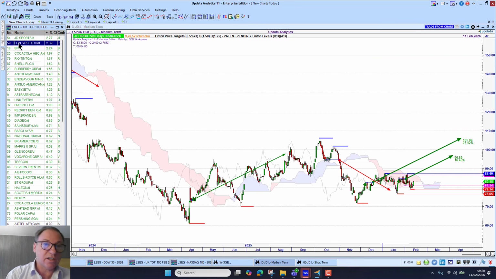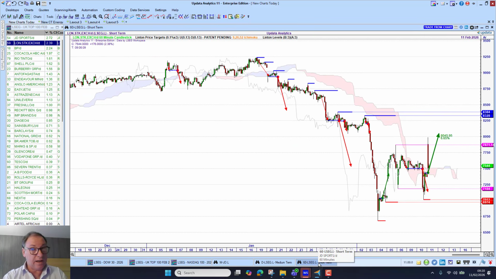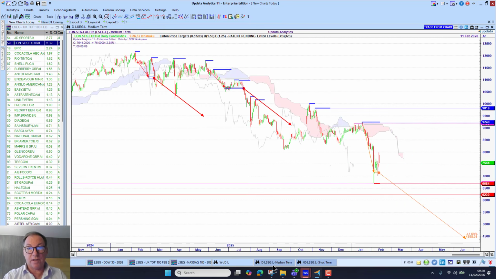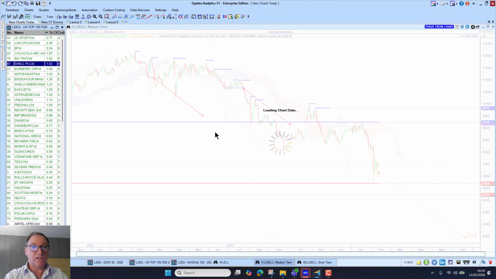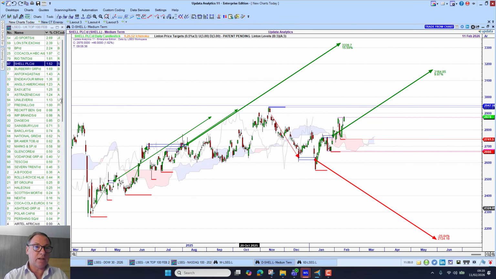And if we look at London Stock Exchange, again, we've got a downside target there on the daily chart, below the cloud, remember, but we're seeing a little bit of recovery here on the 60-minute chart. So really quite interesting there. And if we look at Shell, we just looked at that one as mixed targets, mixed picture, not so clear in trending. So that's really quite key.